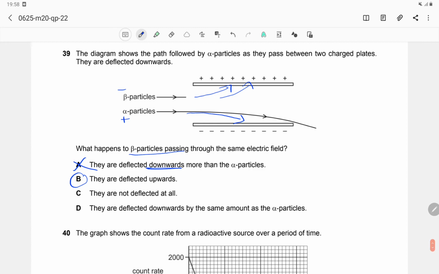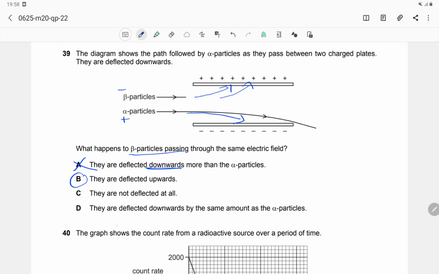Anyway, let's look at options C and D. Option C says they are not deflected at all. That is wrong, because beta particles are negatively charged. So when they are very near the positively charged plate, they will definitely get attracted to it, because opposite electric charges attract.